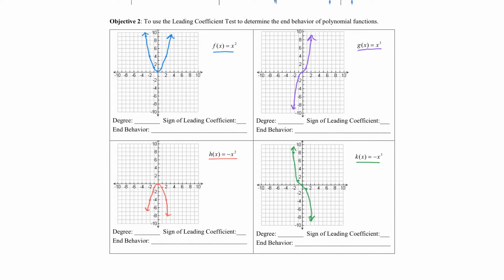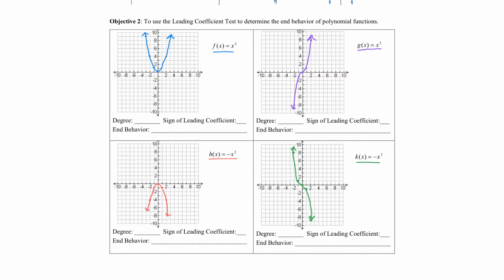It helps us determine the end behavior of a polynomial function. By end behavior, we mean: if we let x increase without bound, as x approaches positive infinity, or decrease without bound, as x approaches negative infinity, what is the behavior of the graph in the ends of its domain?